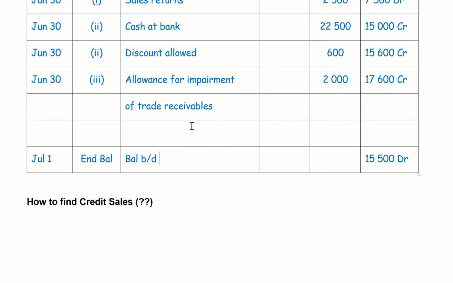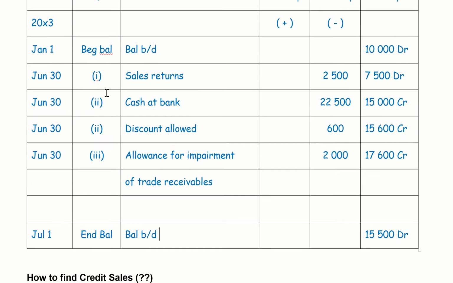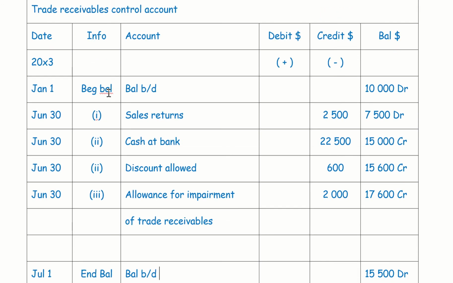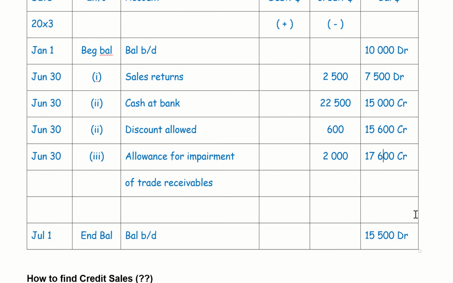Alright, so you take a look at this trade receivables control account now. You see you have a 17,600. Yes. Of course, throughout the entire thing, you have been calculating your balances. Then you realize that your balance from $10,000 actually went negative to 17,600.